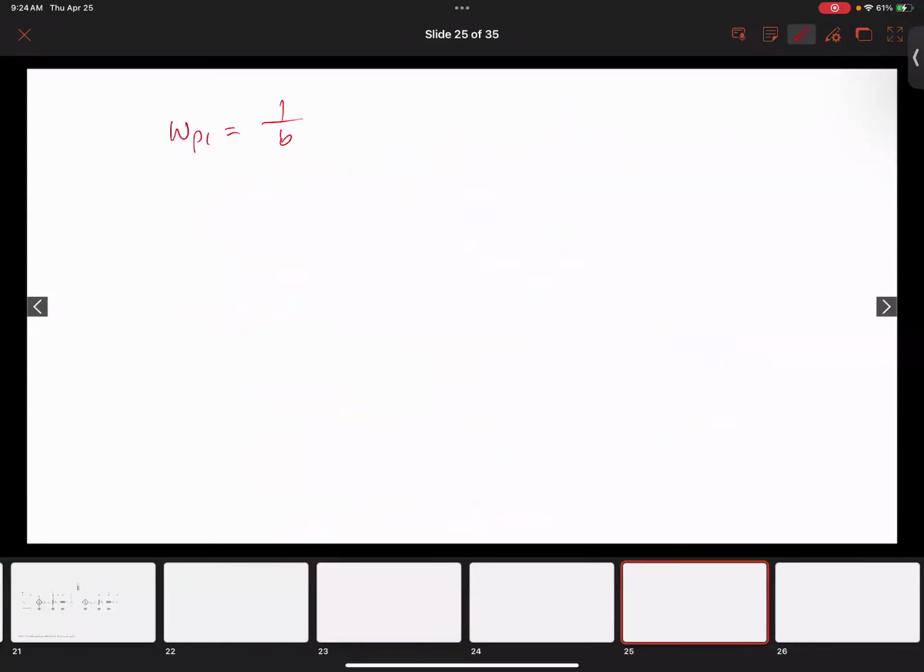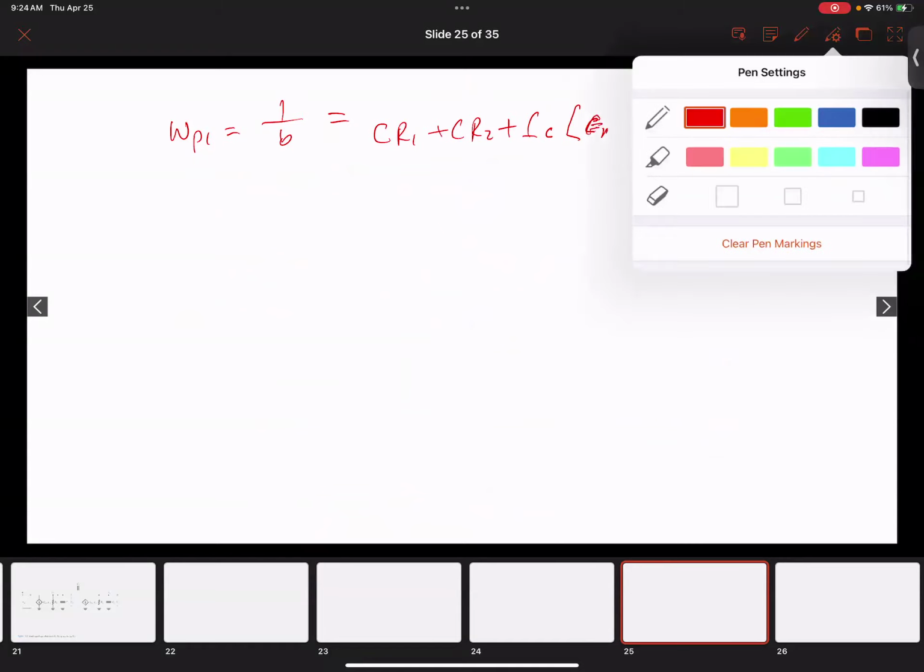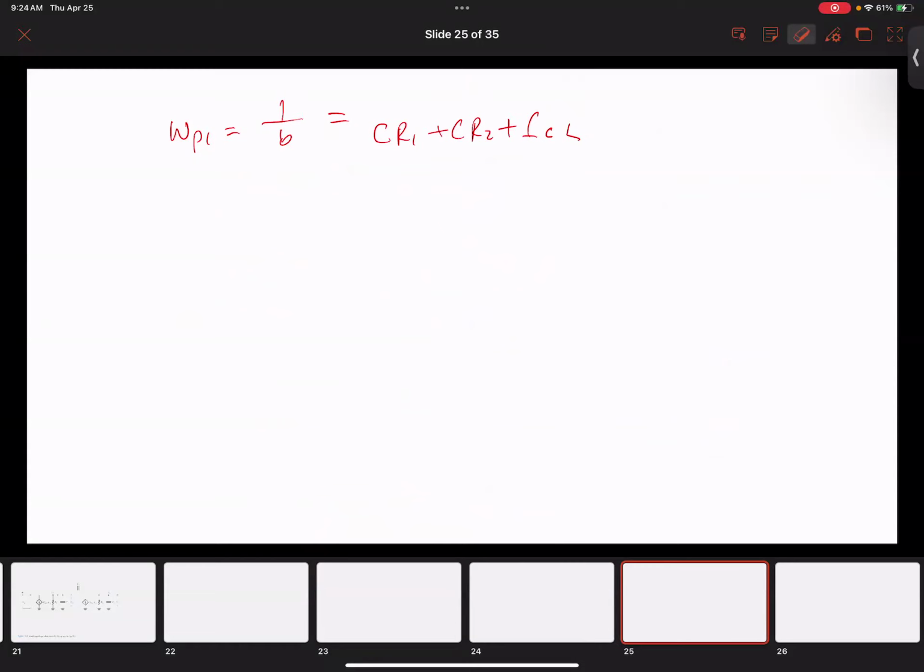So what we can write here is this one to be C times R1 plus C times R2, and then plus C C times GM2 times R1 R2 plus R1 plus R2. So we write this from B a little bit, and we got this.